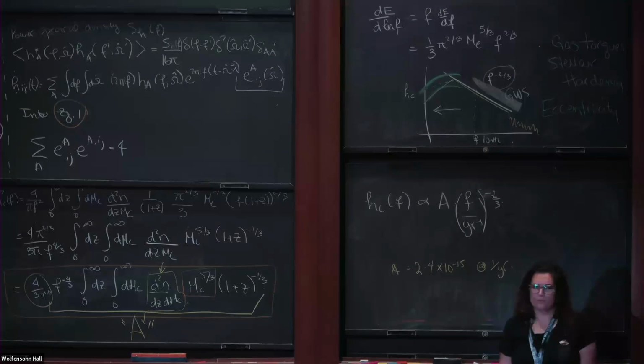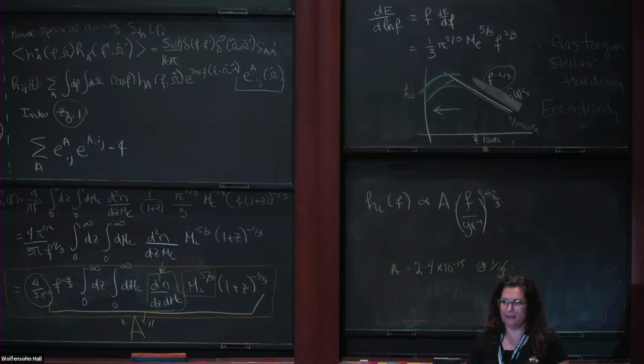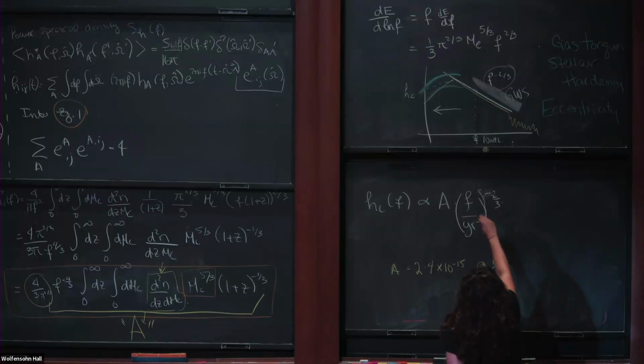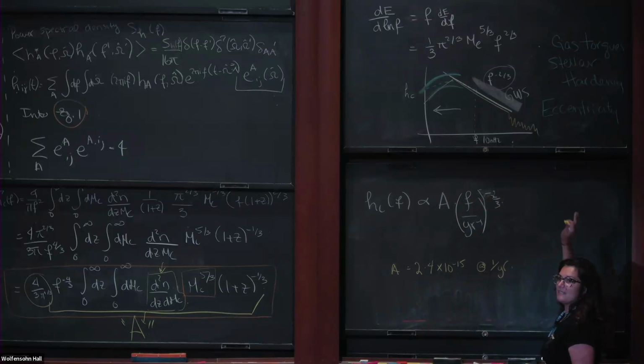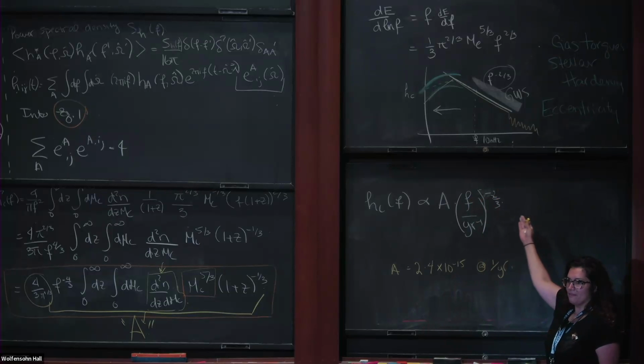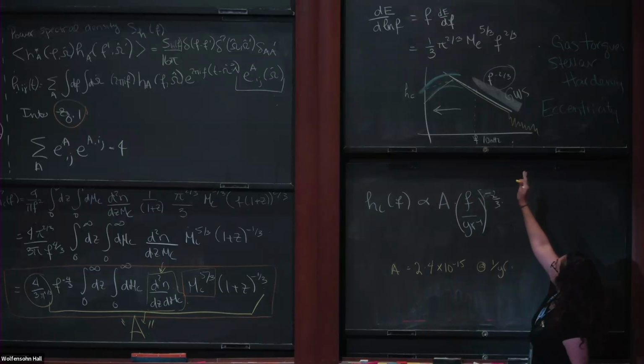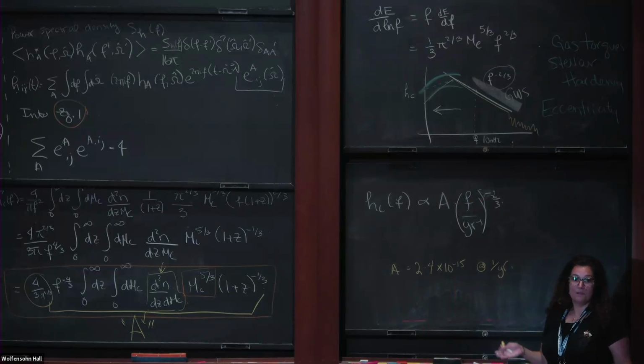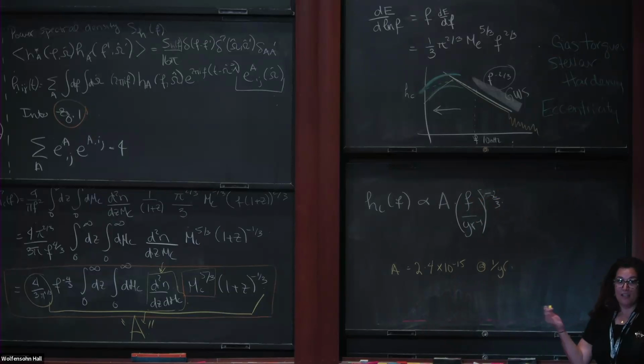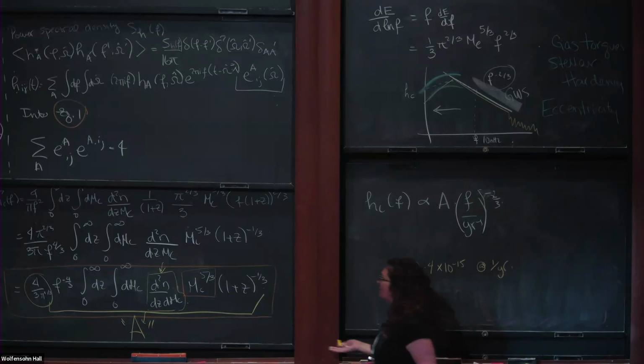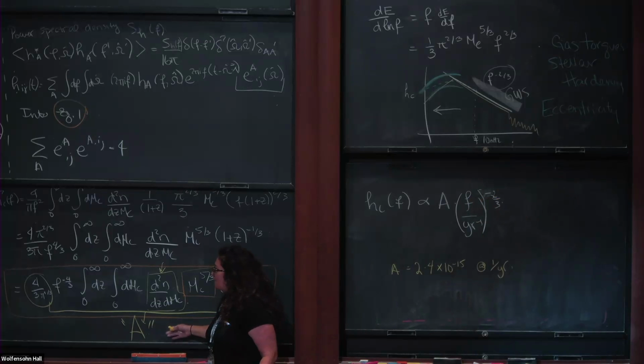Why do I have to give a reference frequency when I give an amplitude of the background? Yes, that's right. It's sloped, which means that it has an amplitude as a function of frequency, right? So if I give you an amplitude, that's not really super informative. You have to tell me what frequency that amplitude is at. And if you want to compare results from different detectors and do some sort of apples to apples comparison, you have to say at what frequency you measured this amplitude of the background.